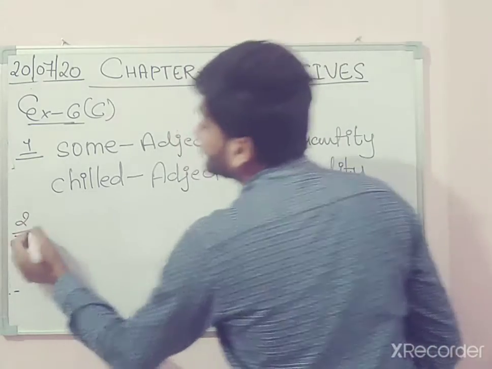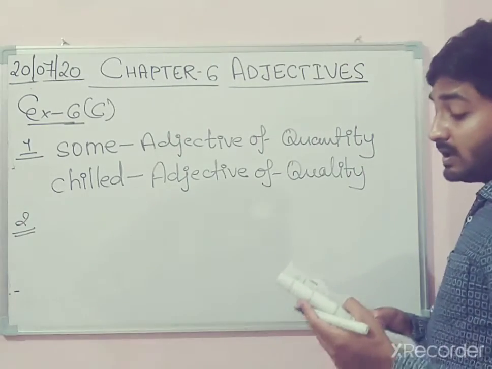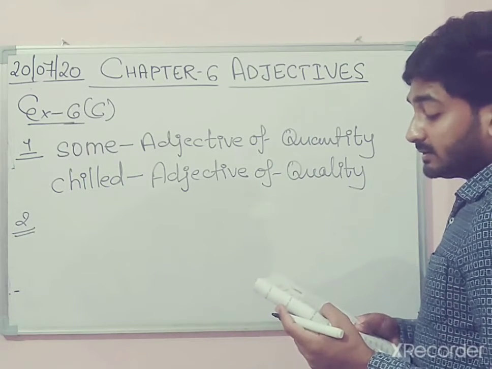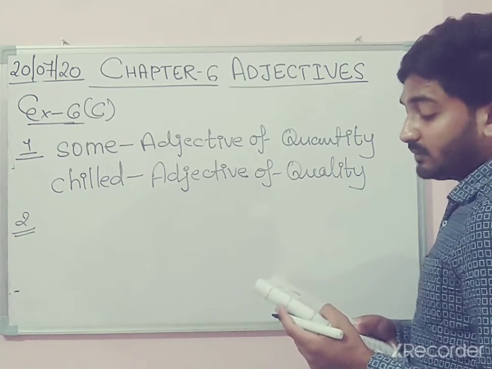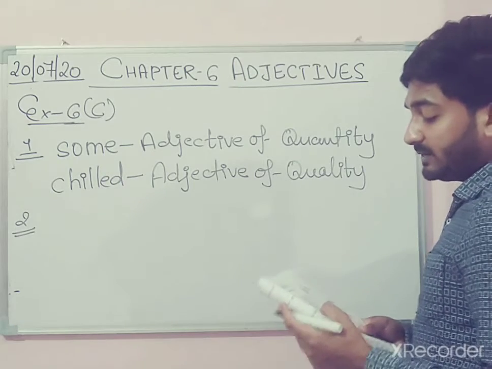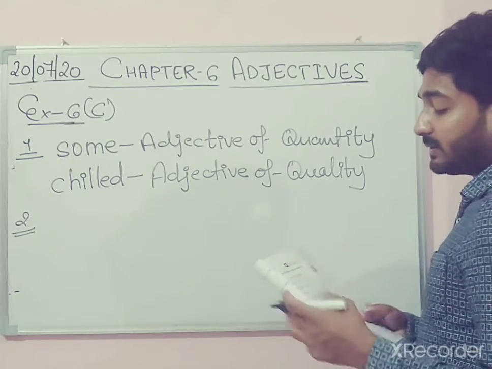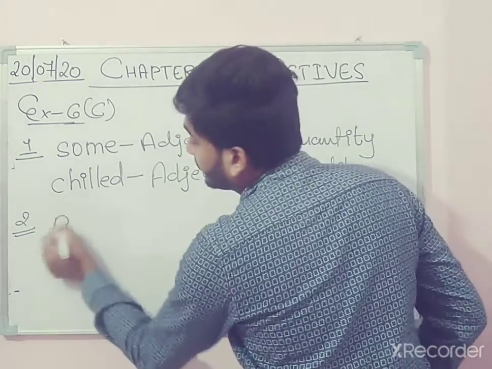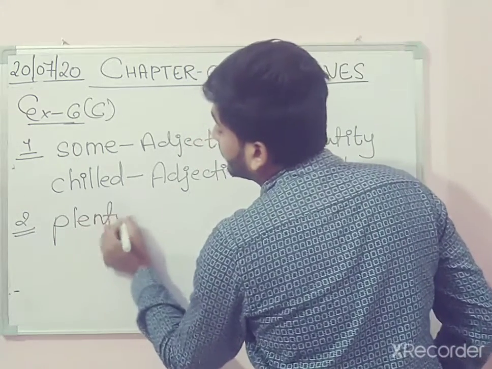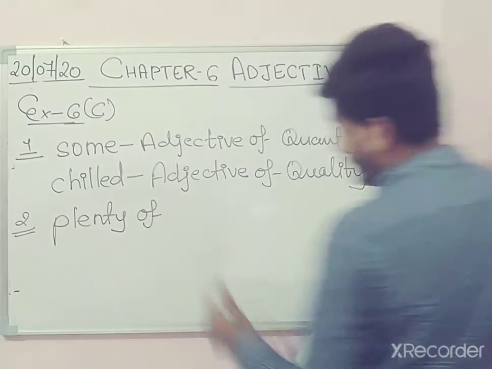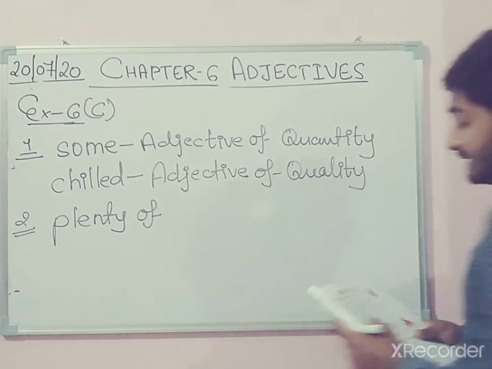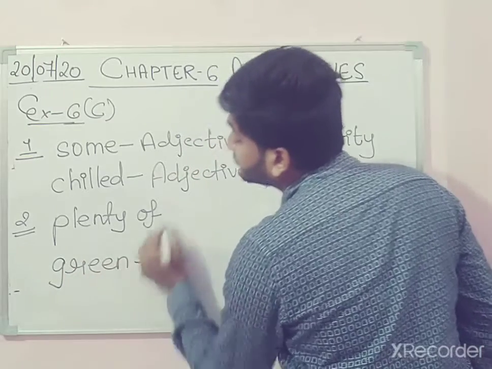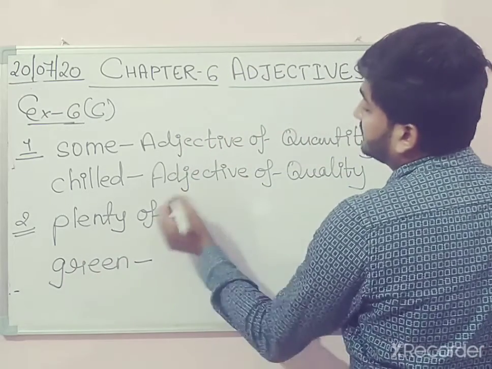Number 2 we have, the tree was laden with plenty of green leaves. Okay, the tree was laden with plenty of green leaves. यानी पेड़ हरे पत्तों से बिल्कुल घिरा हुआ है, ढेर सारी है. तो plenty of and green. How much leaves are there?